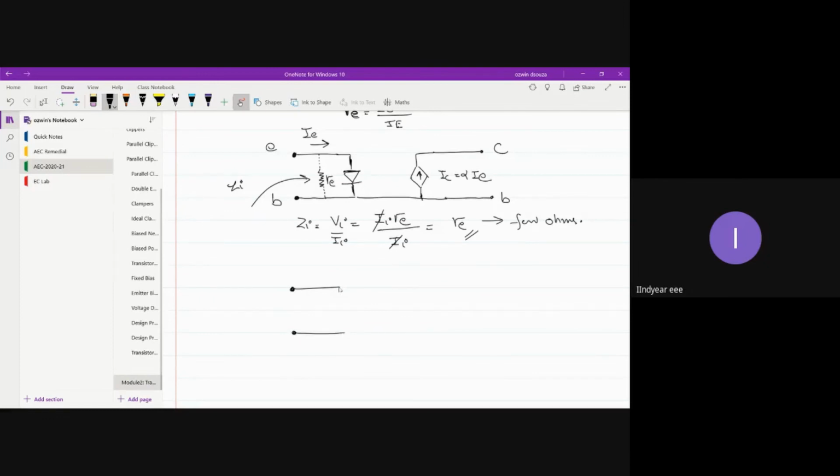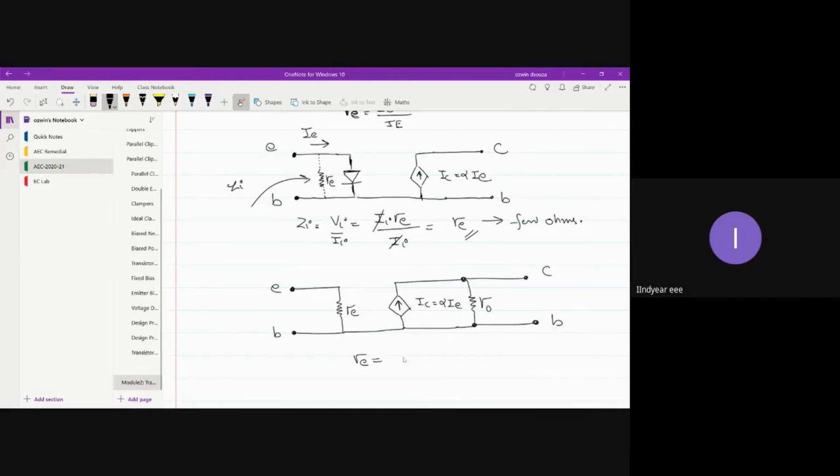So let me write down the final circuit now. Simply you can write RE here. This is emitter and base. And on the output side, you can just draw the controlled current source with IC equal to alpha times IE. And you can also draw R0.